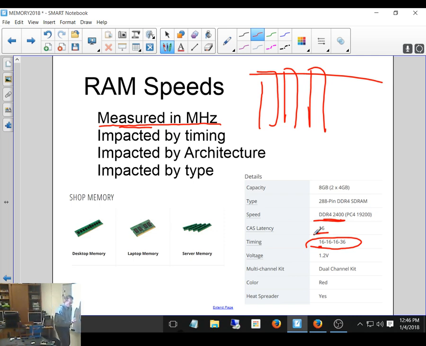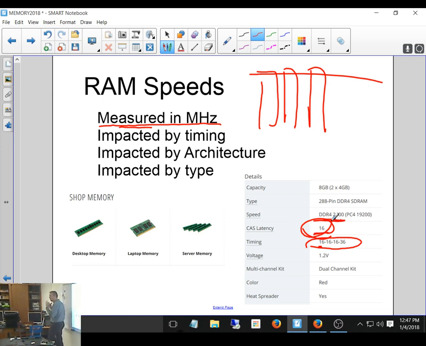Now, why is that important? Because if I'm looking at 2 sticks of RAM that both have the same speed, then I would want this latency number to be higher or lower. That's a question. If that's the number of trips around the motherboard it takes to write the data, would I want that to be a higher or lower number? Lower, okay?